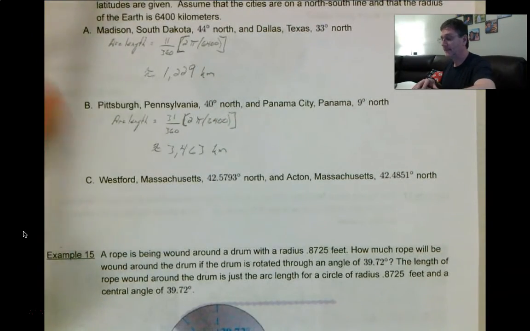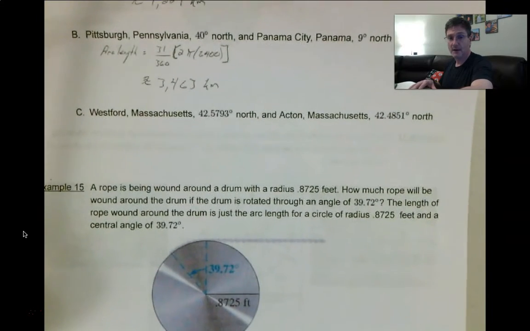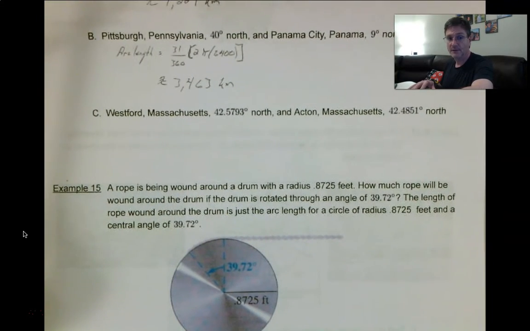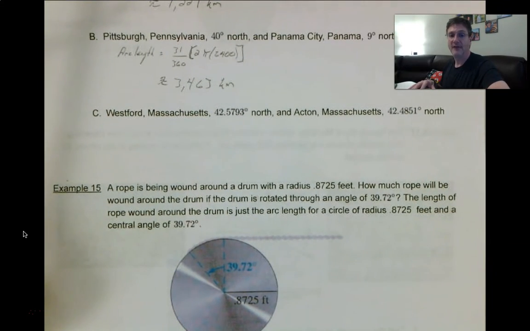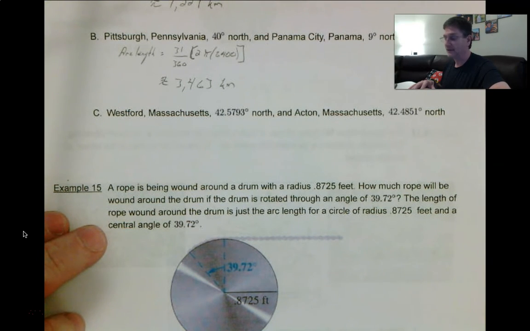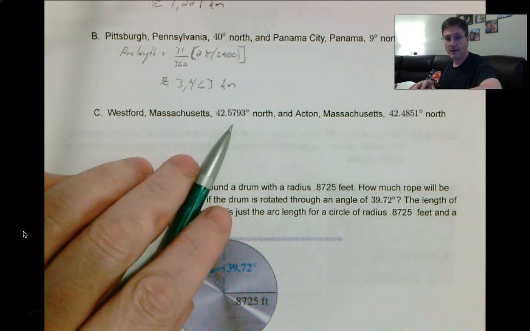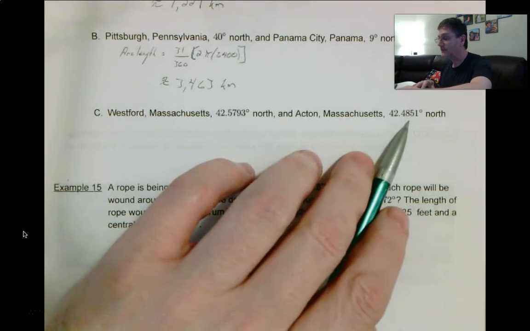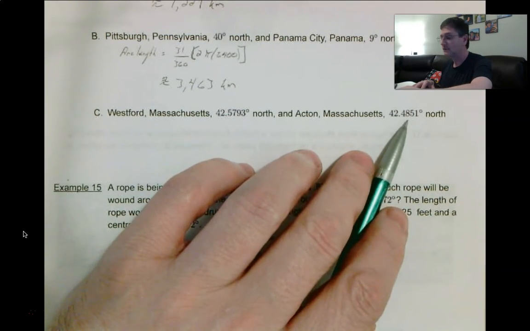kilometers. Now, you might not know this, but this is true. Westford is due north of Acton. The center of Westford is due north of the center of Acton. These are the degrees of latitude for the two towns.